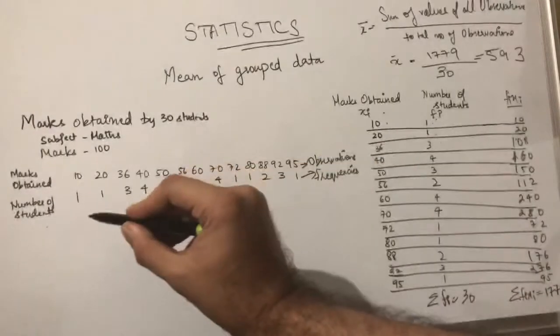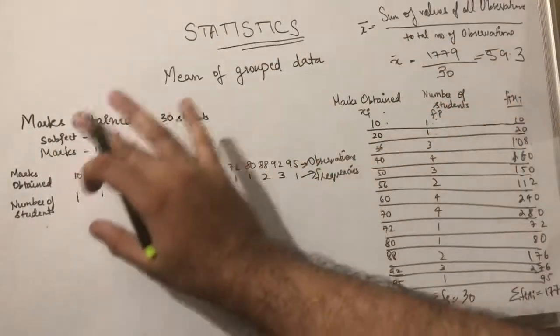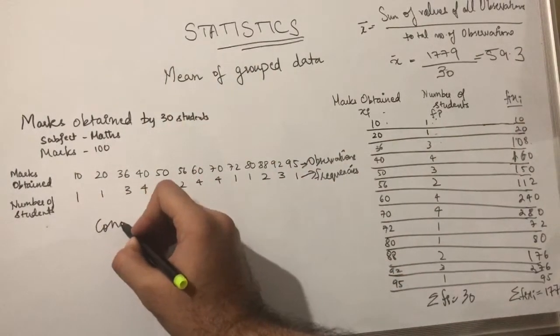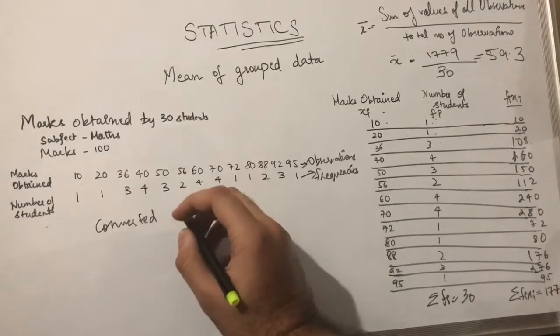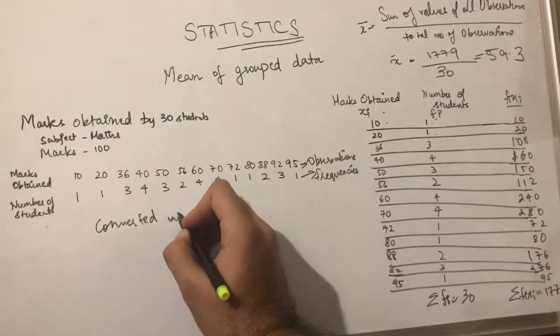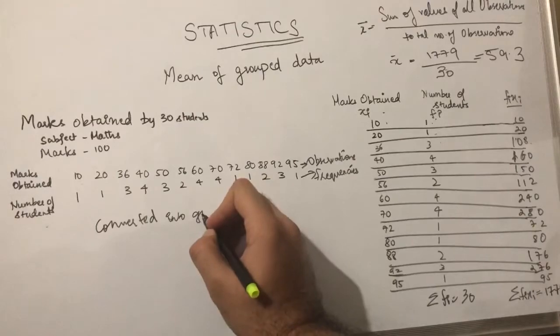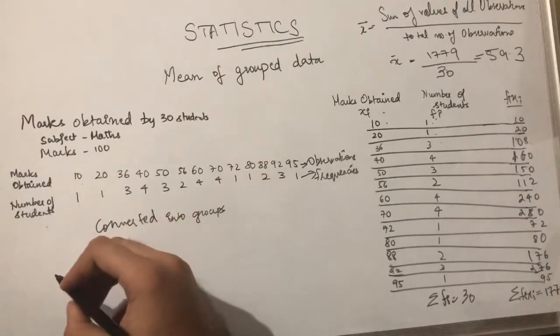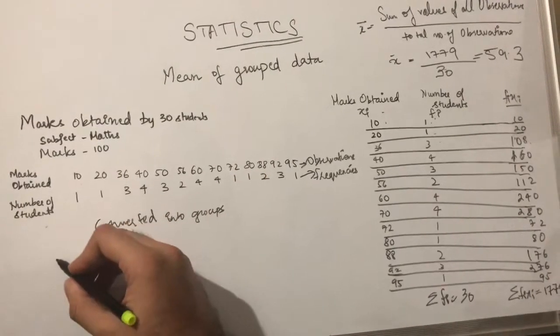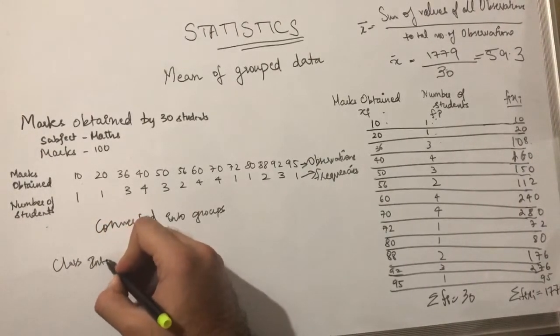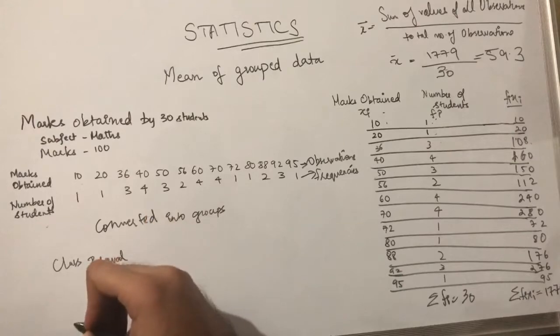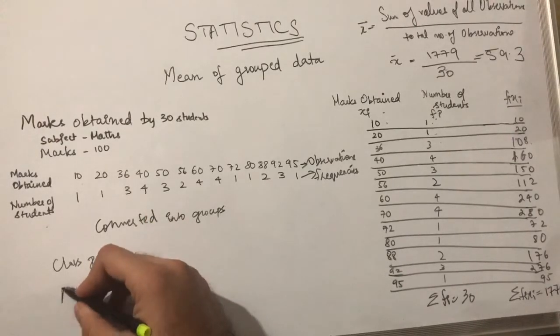So now let's say if I want to convert this data into groups. So this would be, well, let's call it class interval. And number of students as usual.